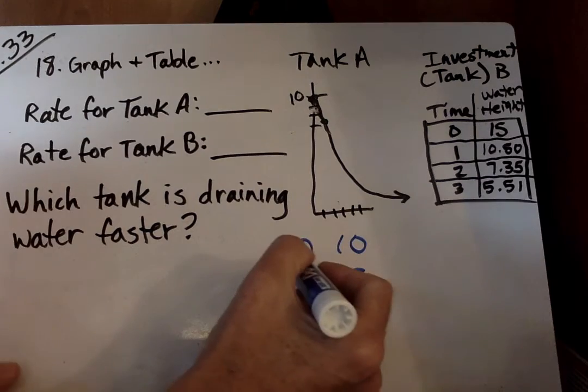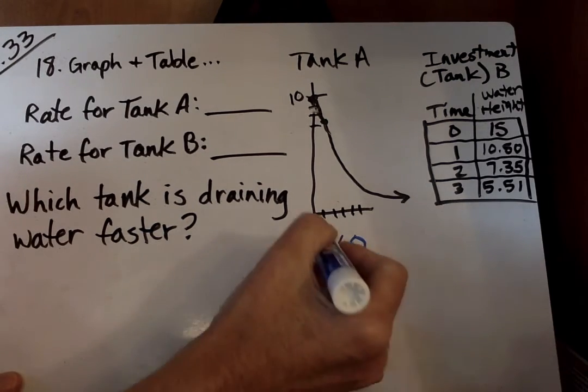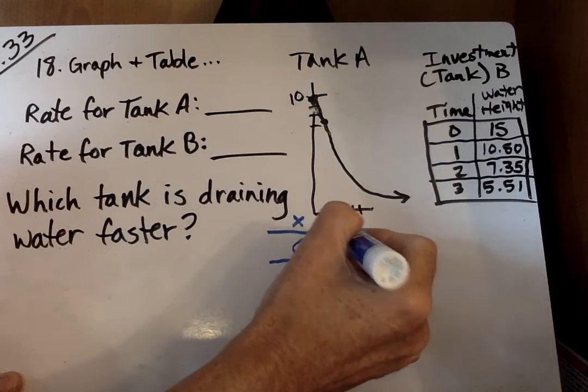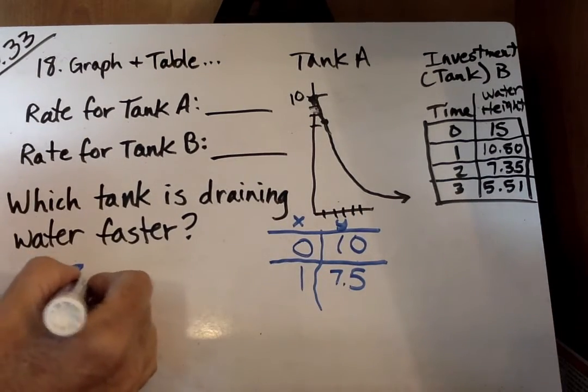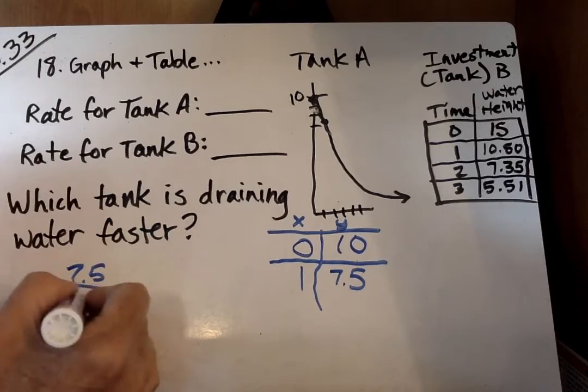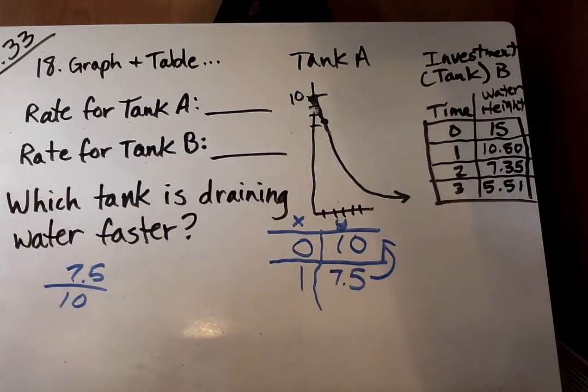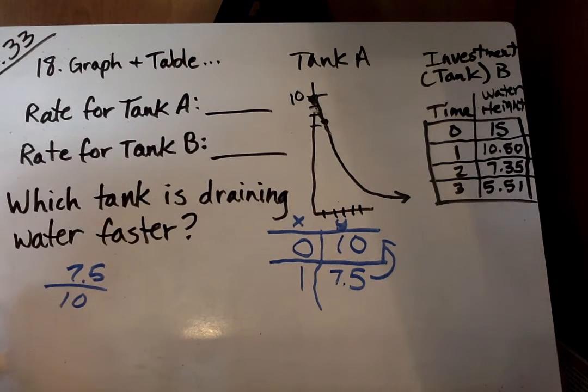So to figure that out, again, this is like our XY chart. And we say 7.5 divided by 10, because we're going this way, to figure out what the rate is. So take our handy dandy calculator, 7.5 divided by 10 equals 0.75.